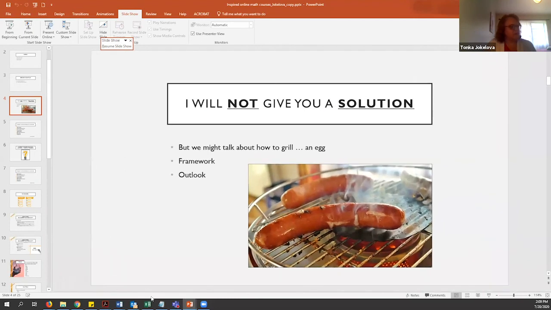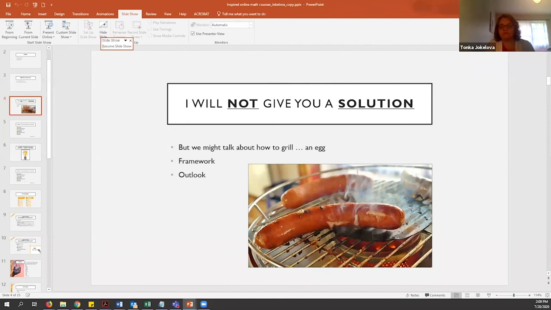Are you seeing my grilling picture that says I will not give you a solution? Okay, good, thank you, Kate. So yes, I will not give you a solution today, because there is not one single solution that anybody can give you. But what I will give you is some framework of how to think about course design.